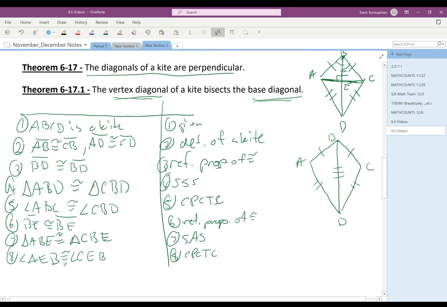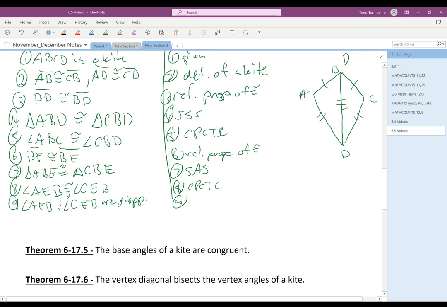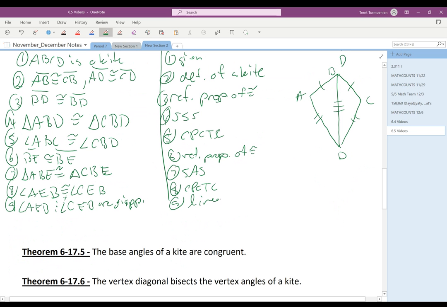So we've got two angles that are the same, but it turns out they make up a straight line, and we have a theorem for that. Angle AEB and angle CEB are supplementary, because linear pairs are supplementary.